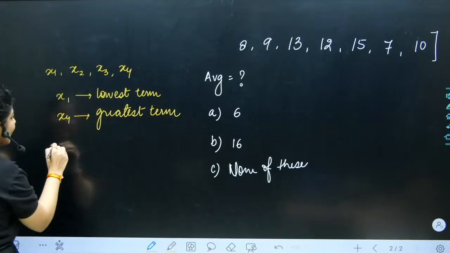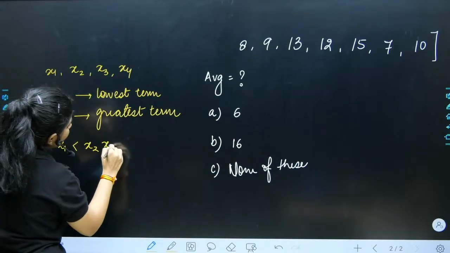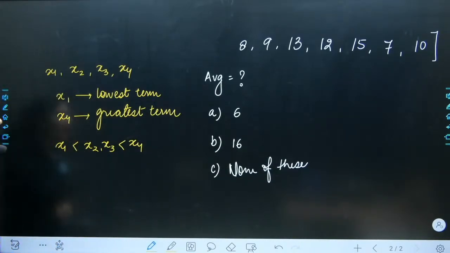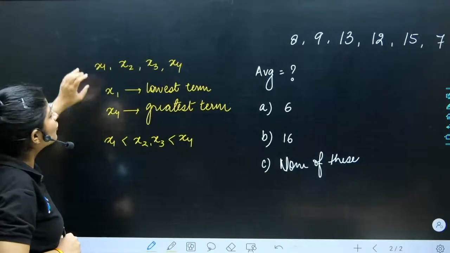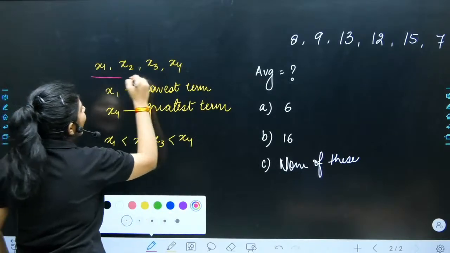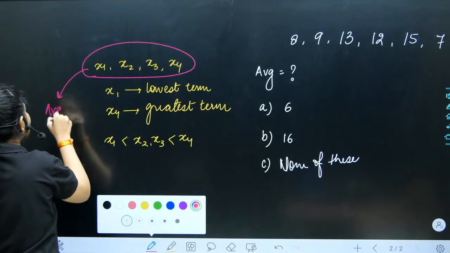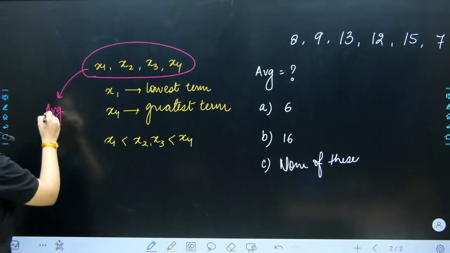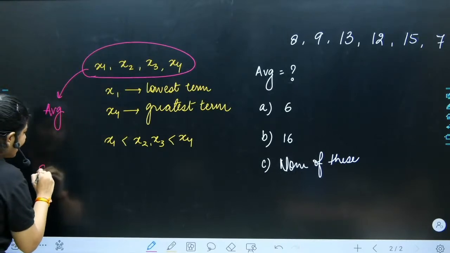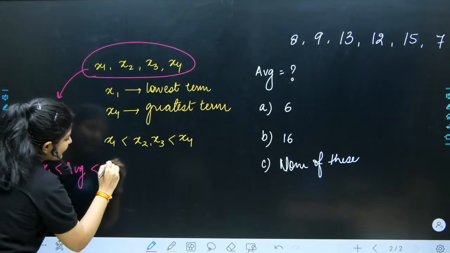These values lie in between x1 and x4. If I have to find the average of these terms, the average should be greater than x1 and less than x4.